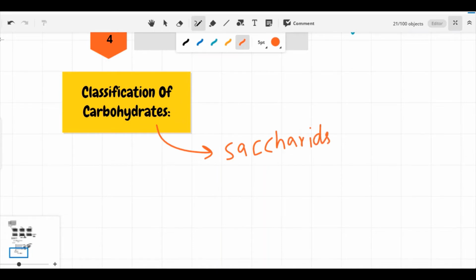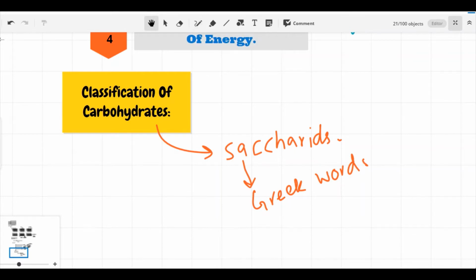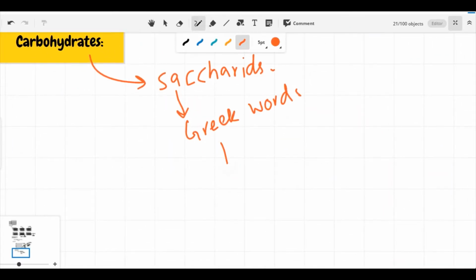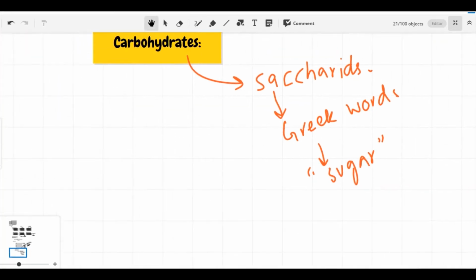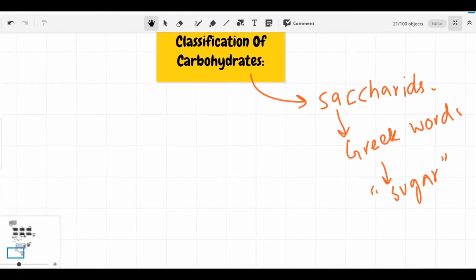And remember, saccharide is a Greek word, and the meaning of saccharide is sugar. They are broadly classified into 3 categories or 3 groups. I am going to show you here.